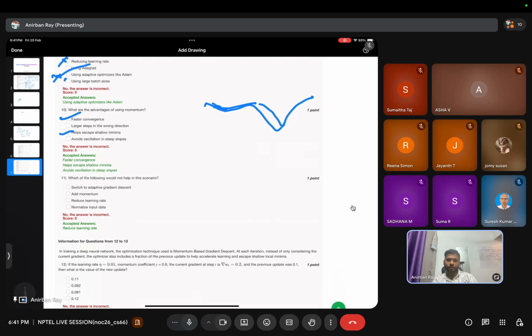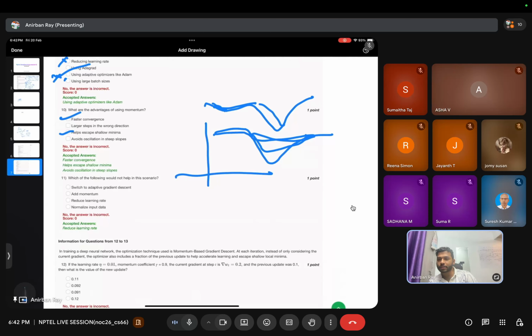This one is wrong. Do you understand? What happens in momentum is that these are like a light slope, then steep, and then something like this. So it moves somewhat faster due to momentum. Then momentum becomes very large, then it overshoots and comes back like this. So it leads to oscillation. It does not reduce oscillation.